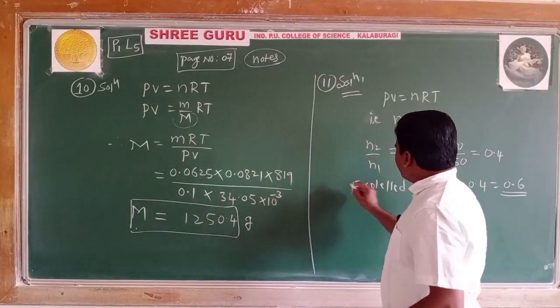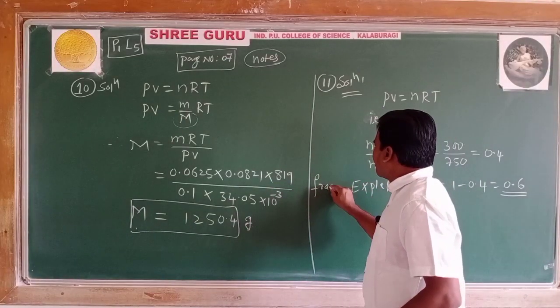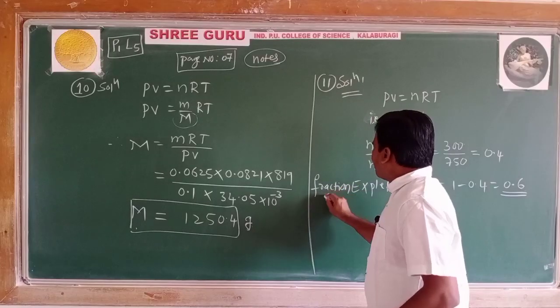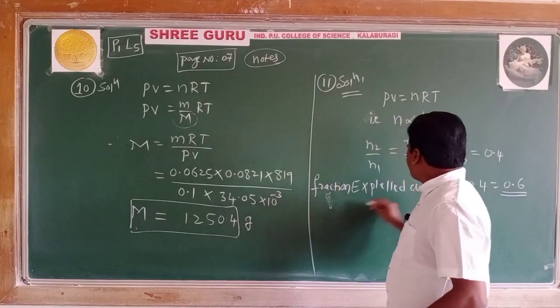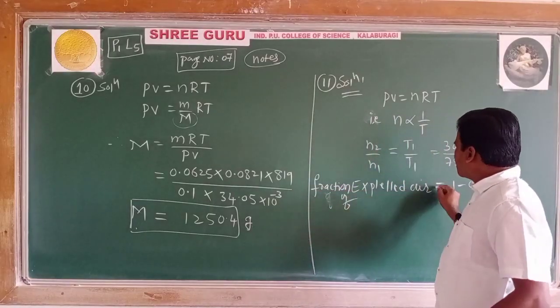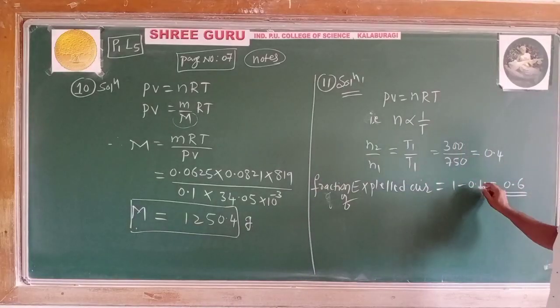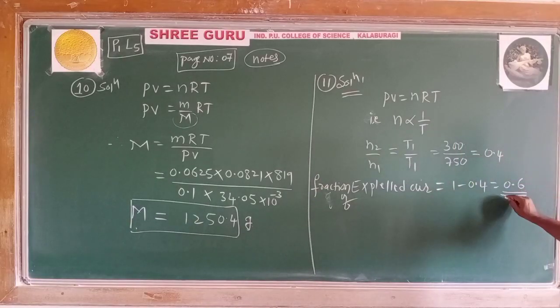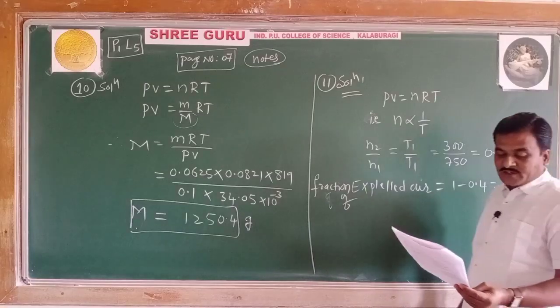The total fraction is 1, the fraction of expelled air is 1 minus 0.4, you get 0.6.